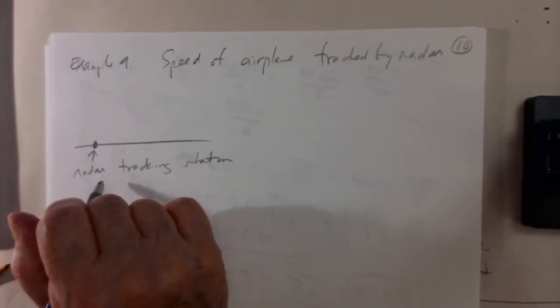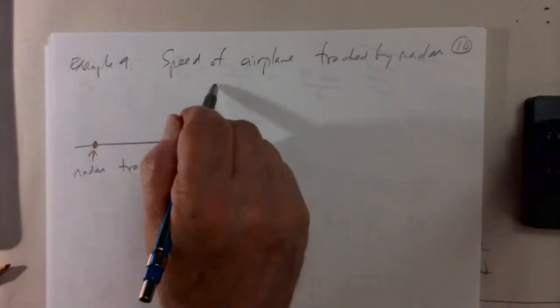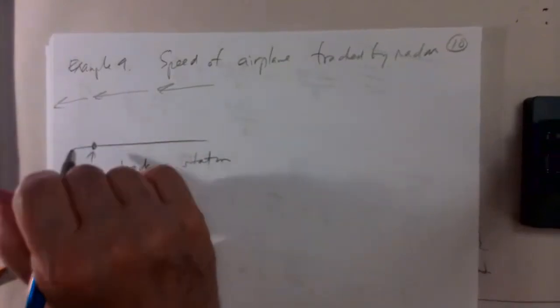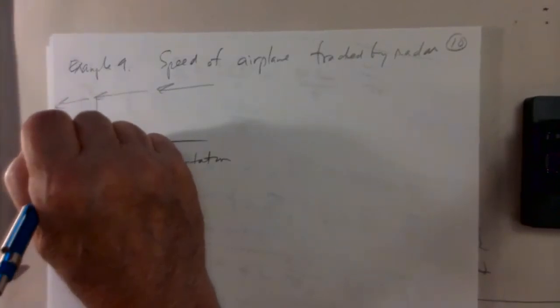And a plane is flying in a straight line at a constant height, in a path that takes it directly over the tracking station at a height of 6 miles.